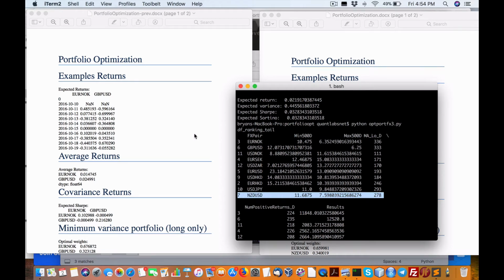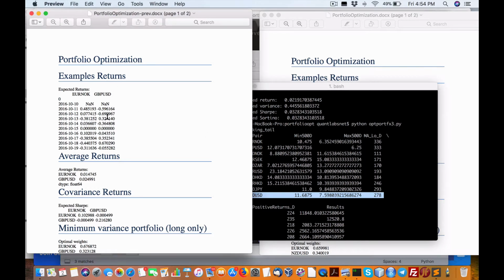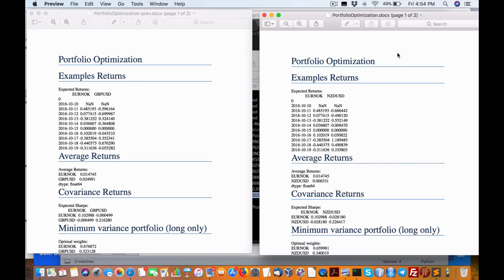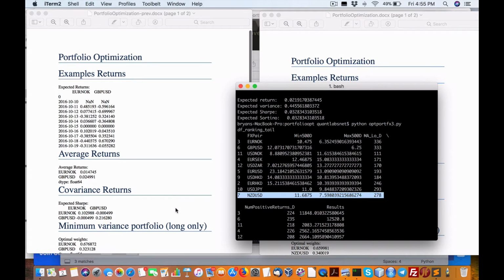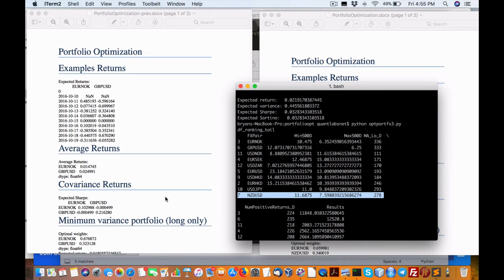The logic here depends upon your strategy type. For instance, here on the left, and it's the same with this one on the right, we are going to have four types of analysis done: one on long only, one on long short, and then another combination of long only using Markowitz and long short using Markowitz.